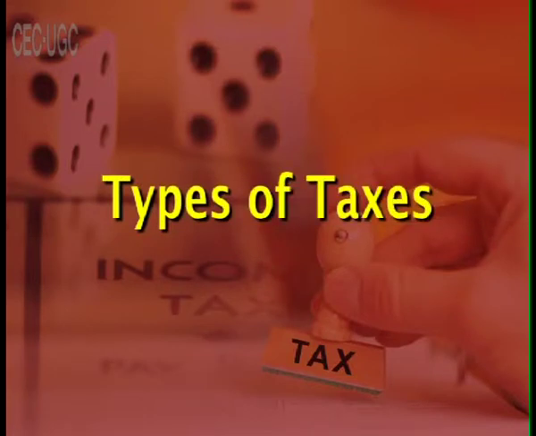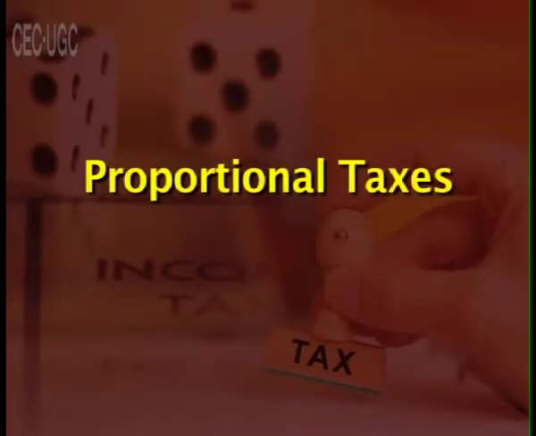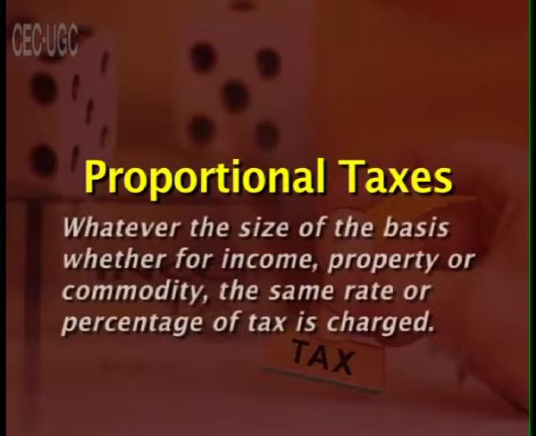Basically, there are 4 types based on the sacrifice involved on the taxpayers. Proportional taxes. Proportional taxes mean whatever the size of the basis, whether income, property or commodity, the same rate or percentage of tax is charged.